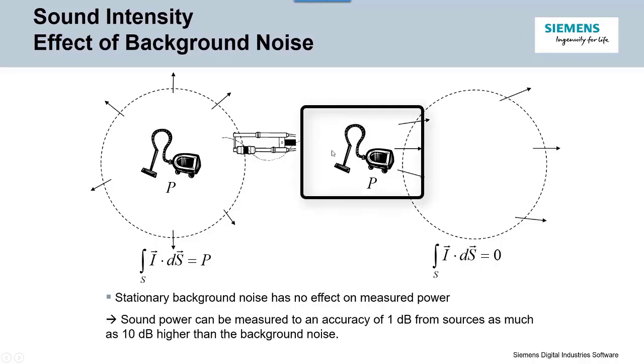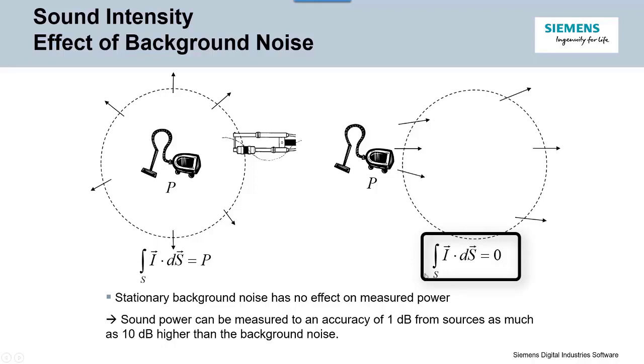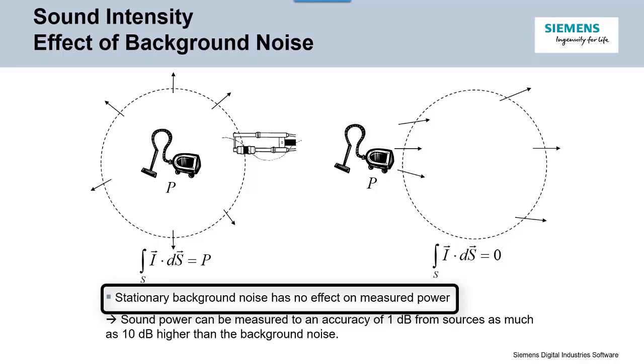If on the other hand the source is outside, like the influence of background noise, and you measure the intensity over the area affected by that background noise, some amount of sound energy comes in and some goes out. Because it's a vector quantity, when you sum together, the total will be 0 in this case on the right-hand side. So that is one great advantage of sound intensity measurement: you can determine sound power very reliably even in the presence of background noise.